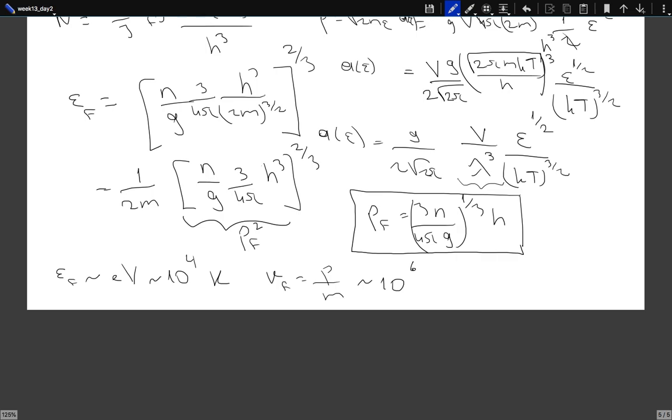So the electrons over here are moving at speeds typically 1% the speed of light. They're quite fast. Although we are at zero temperature, there is a significant portion of the electrons that are moving at speeds around 1% the speed of light.